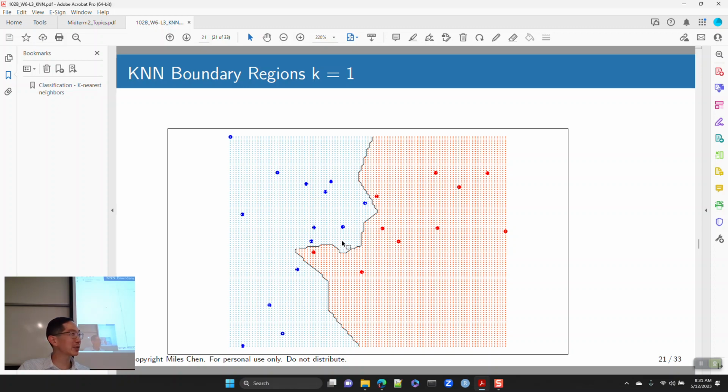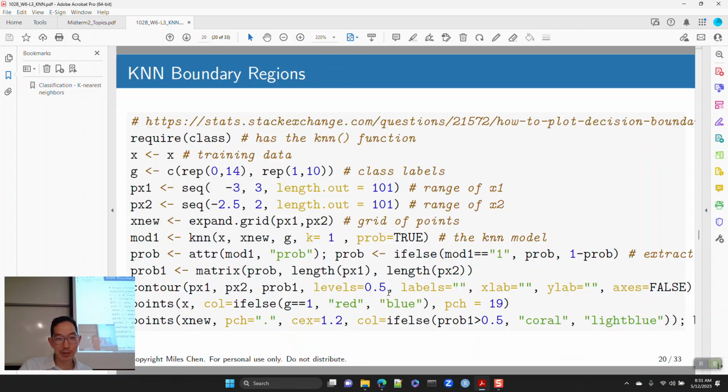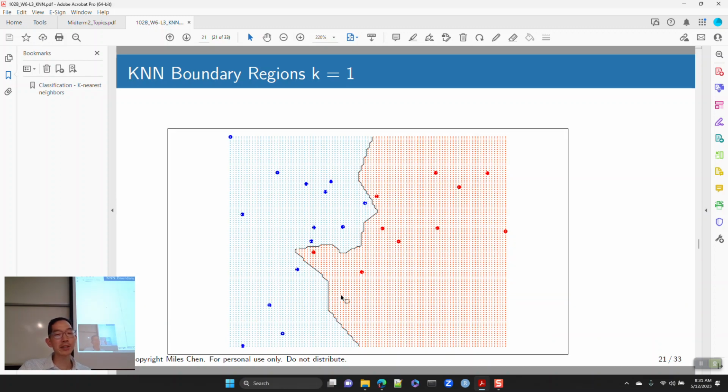It's going to get classified as blue. It went through around 10,000 points. For 10,000 test cases, it asked what my one nearest neighbor is, and colored the dots accordingly.